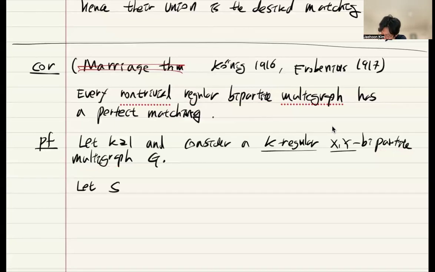So we choose X as the bigger or equal part out of these two parts. So you assume |X| is bigger than or equal to |Y|.